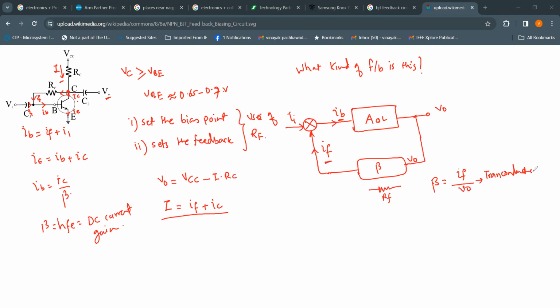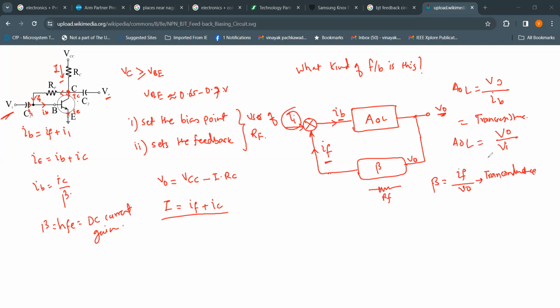So it is working as a transconductance property. Transconductance. And here the amplifier, you can call it AOL, would be the ratio of output voltage divided by input current IB. So it is like transresistance, V by I, transresistance. Or you can also say that AOL, because II is a function of VI, the input voltage, you can have this gain also.